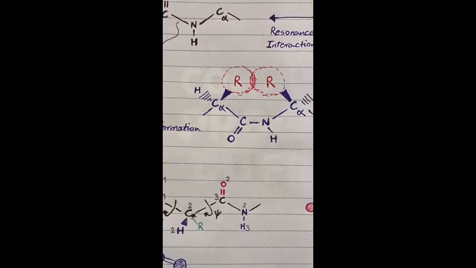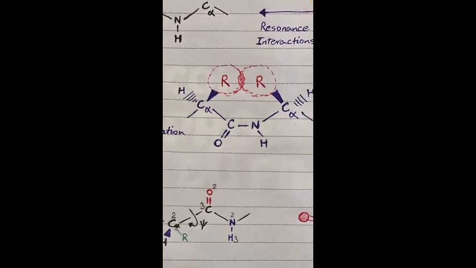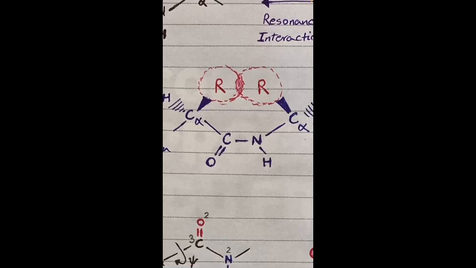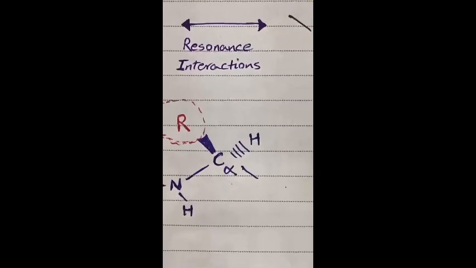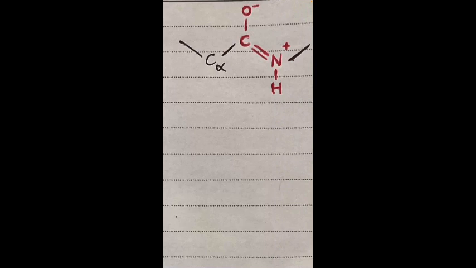So in cis conformation, you can see the two R groups have some steric interference, which is not thermodynamically favorable.